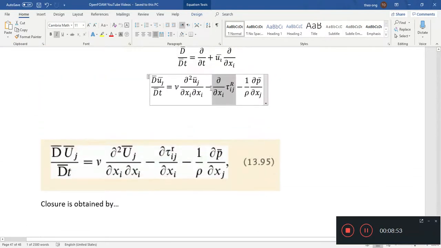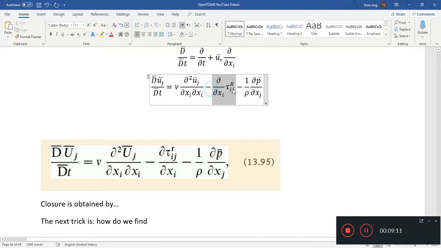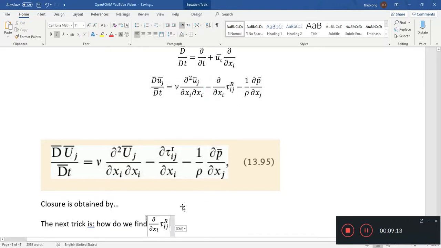Good. Now that we have this equation, the trick is, how do we find this extra little stress term, this Reynolds stress term?